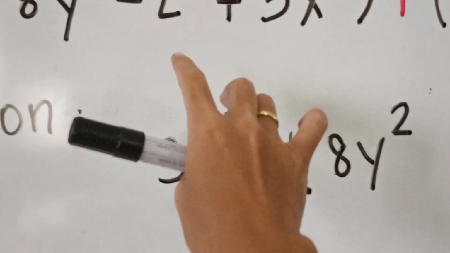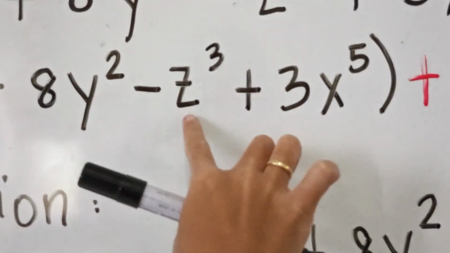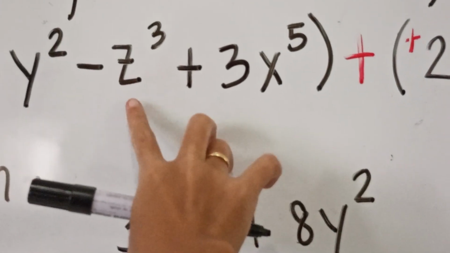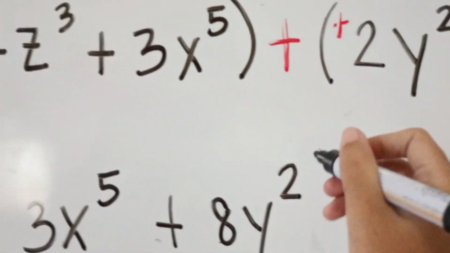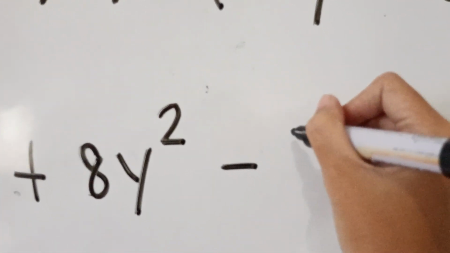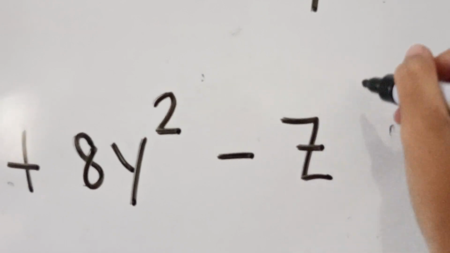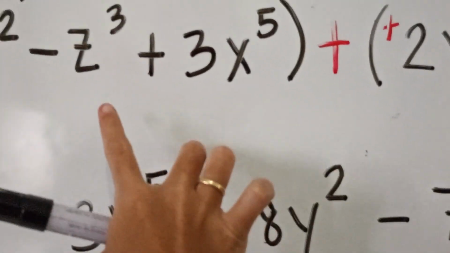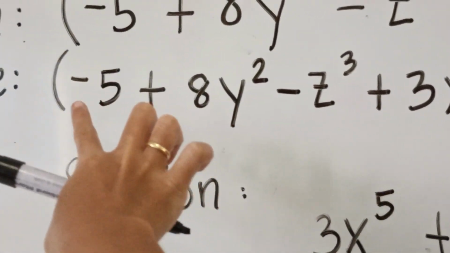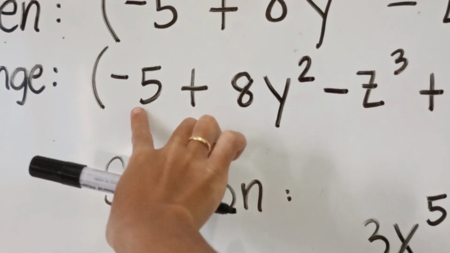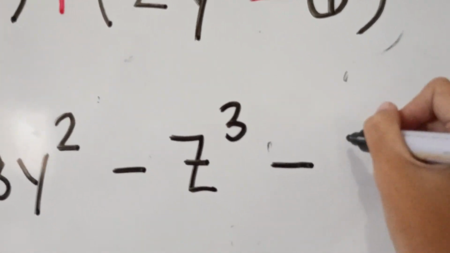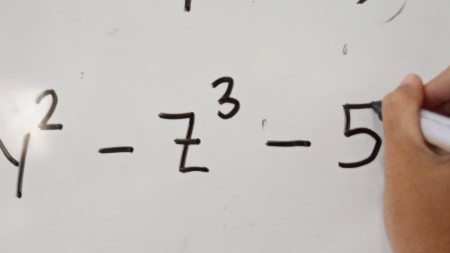And after with the variable y, we're gonna have the negative z cubed. So we're gonna copy again negative z cubed. And lastly, we're gonna copy the constant.